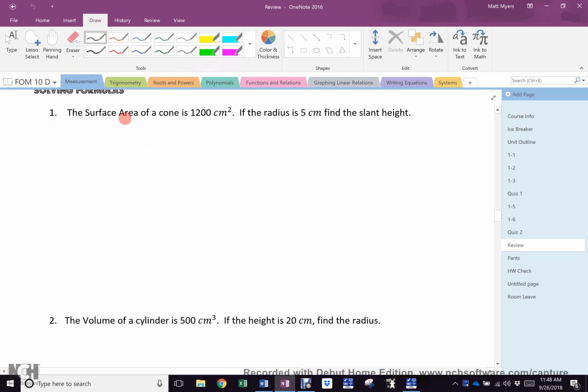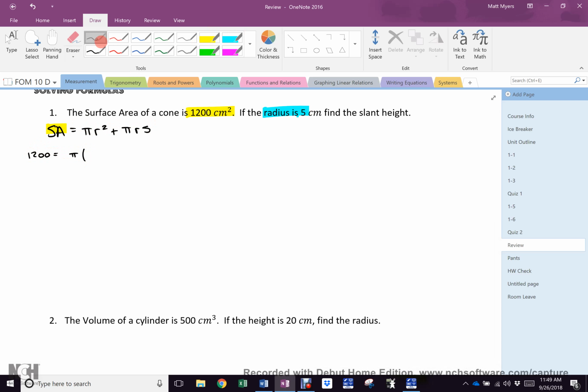All right. Surface area of a cone is 1,200 centimeters squared. The radius is 5. Find the slant height. Surface area equals pi r squared plus pi r slant. Fill in what you know. The surface area is 1,200. 1,200 equals pi times the r.